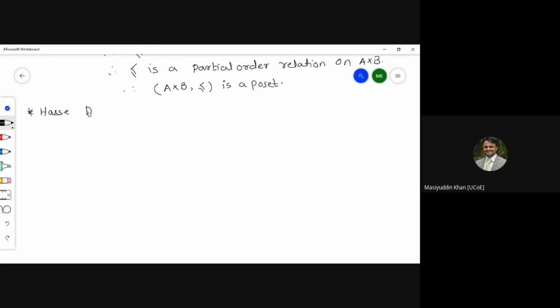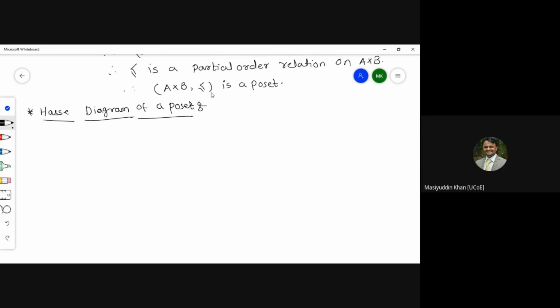Hasse diagram of a poset. So always remember, I'm just proving with the examples.